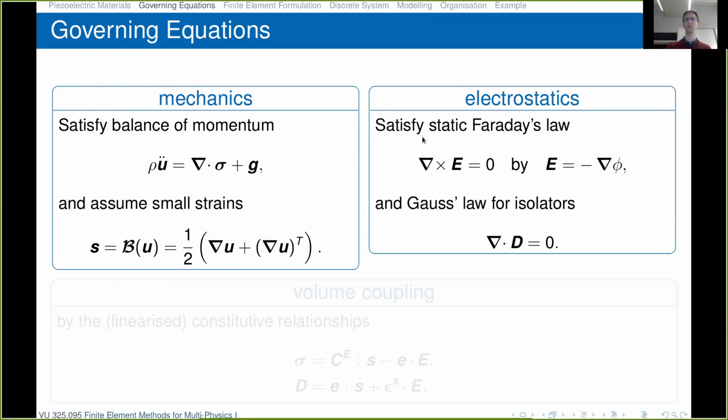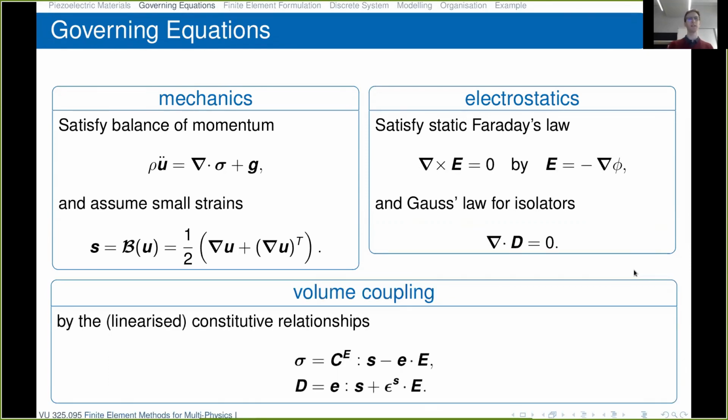We need to satisfy Faraday's law, so the curl of E is 0, and we'll do this by introducing an electric potential phi. We also have to satisfy Gauss's law for insulators, so the divergence of D equals 0. And these 2 equation sets are actually coupled in a volume coupling by the linearized constitutive relationships that we're using.